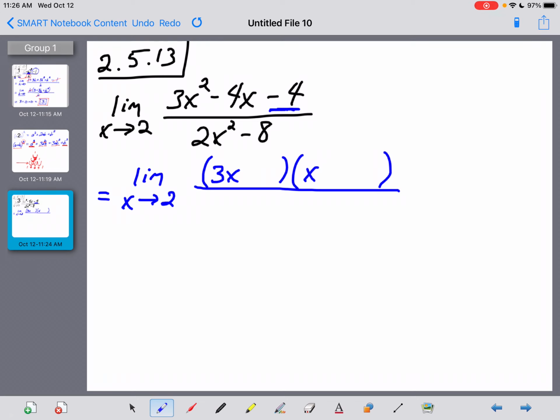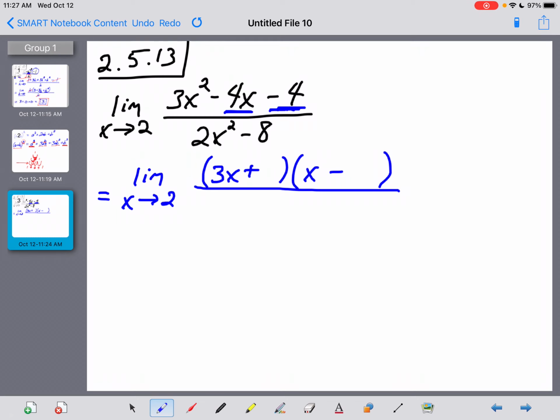I don't know which is which yet, so I just take a guess, plus and then minus, but I'll have to come back and check that a little bit later on. And now I need two numbers here that are going to multiply to that negative 4. Don't worry about them adding up to 4 yet, because one of them, the one that I'm going to put right here, has to get multiplied by this 3 first before we worry about adding them up. So we just take a shot in the dark here, guys, and we see what happens.